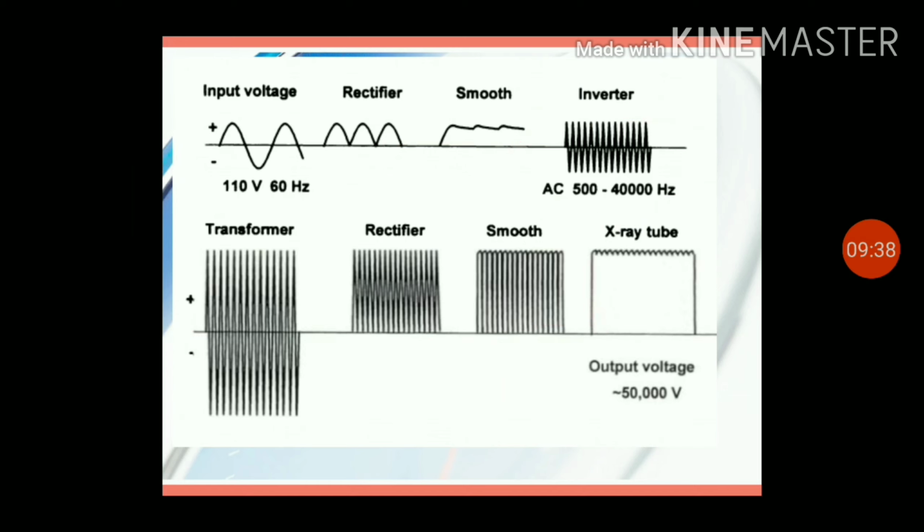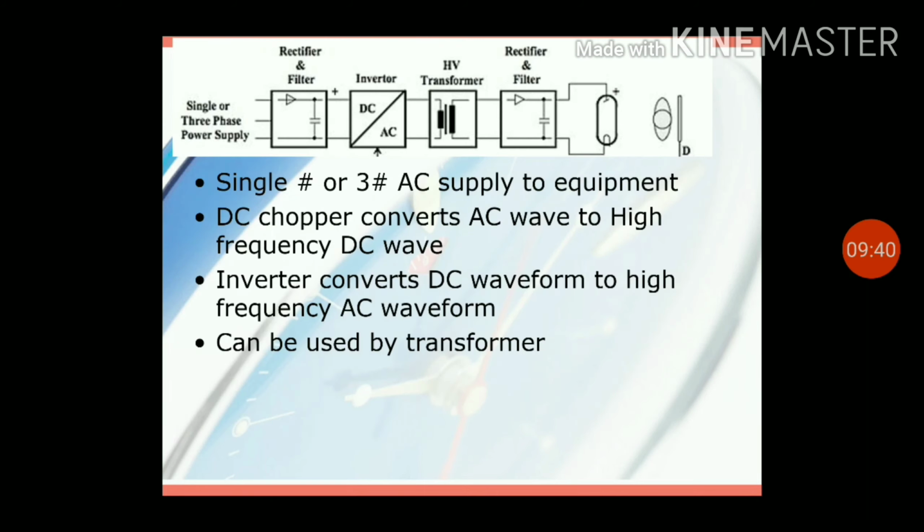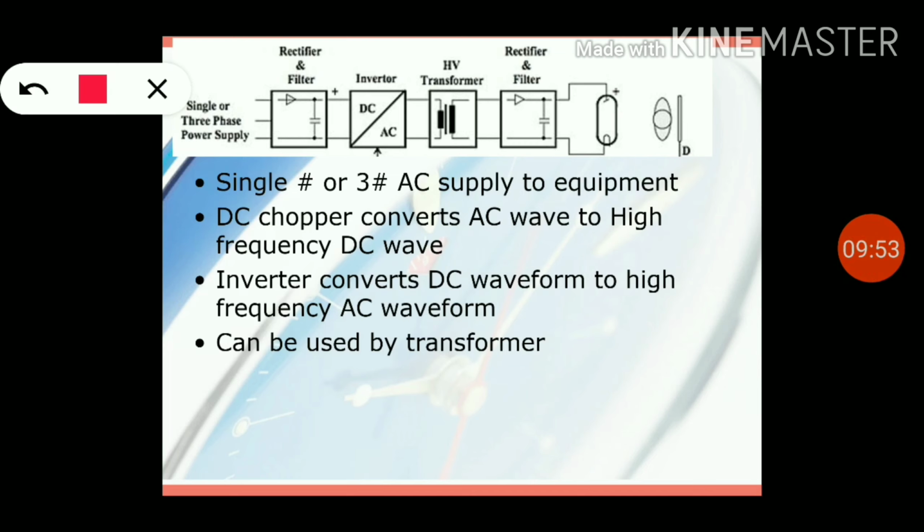So in this, both single and three-phase AC supply can be used in a high frequency generator. The transformer provides a fixed high voltage with low current. After rectification, filtration and smoothing, it is fed into the X-ray tube. So what will happen?